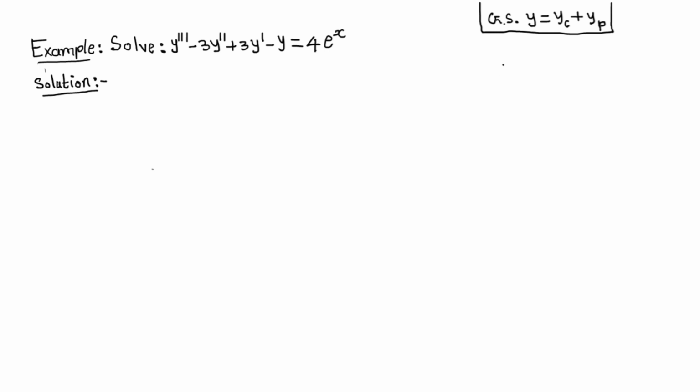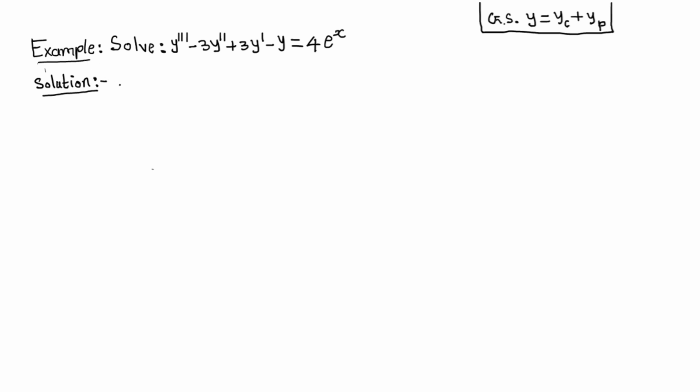Now, as we had discussed in our previous two videos, the general solution for a higher order ordinary differential equation will have two parts. One part is CF, the other part is PI. So we will start with our CF, and for that we will start with the decoded form of the given differential equation.